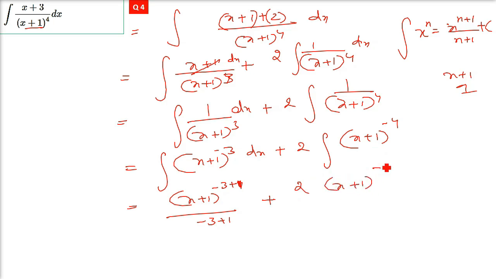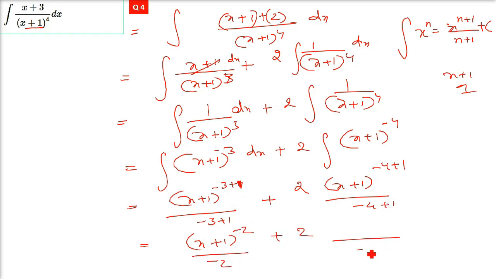X plus 1 to the power minus 4 plus 1 divided by minus 4 plus 1 in this case. So this is x plus 1 to the power 1 minus 3 is negative 2. This is negative 2 as well. Twice. 1 minus 4 is negative 3. X plus 1 to the power 1 minus 4 is minus 3. So always constant of integration. Once you remove the integration sign, you have to put the constant of integration. So I am writing the final answer here.